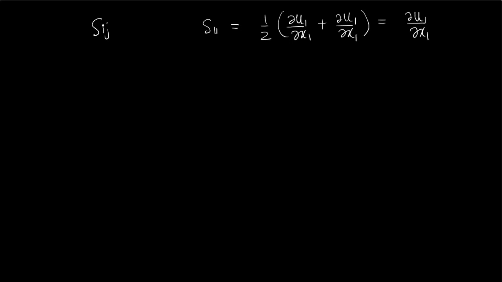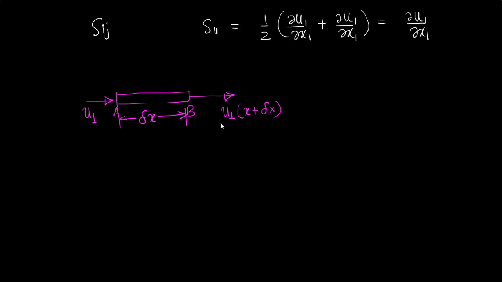Let us consider a fluid element like this, with ends A and B. The velocity at point A, the x velocity, is u1, and if the length of AB is delta x, then the velocity at point B will be u1 at x plus delta x, or equivalently u1 at x plus del u1 del x times delta x.